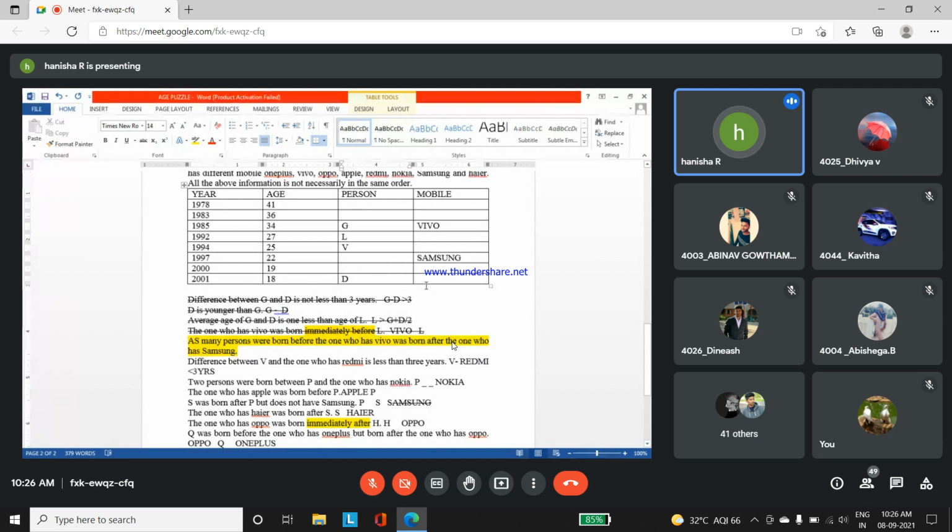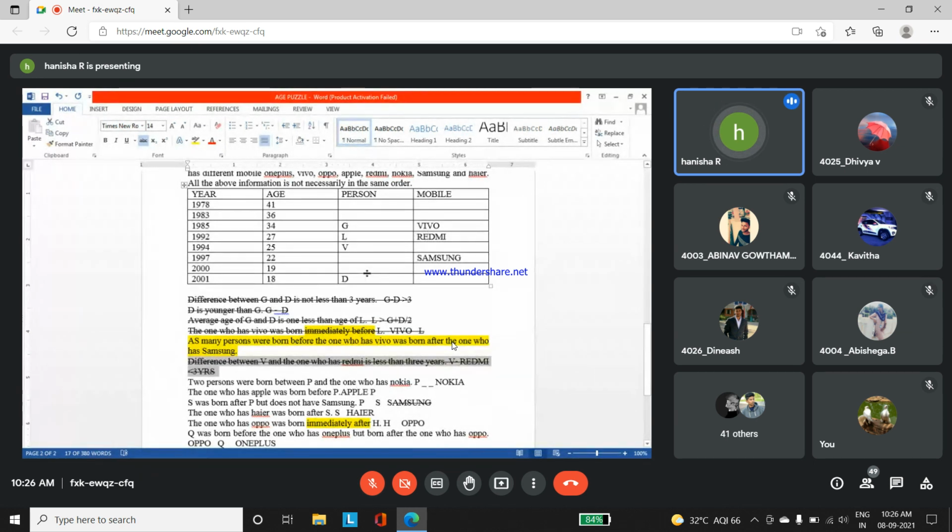So first I'll try with this one. I'm going to give V over here, and then Redmi here. The difference between V and Redmi is less than 3 years, 27 and 25. So V and Redmi, we've got it.